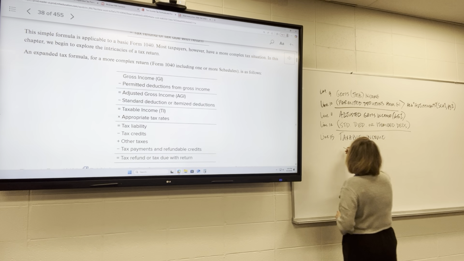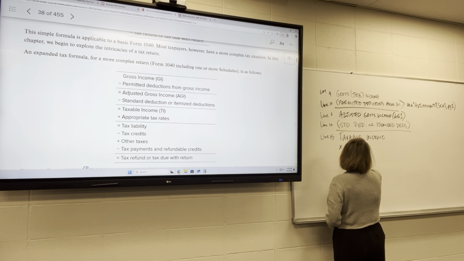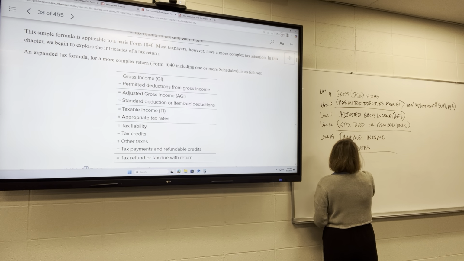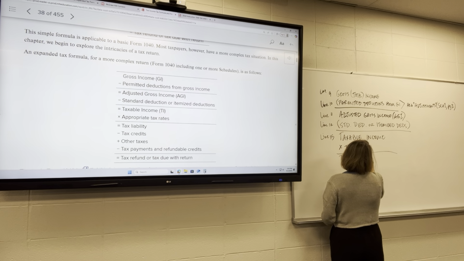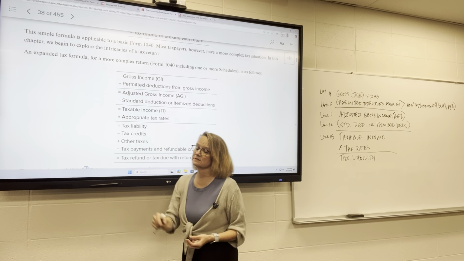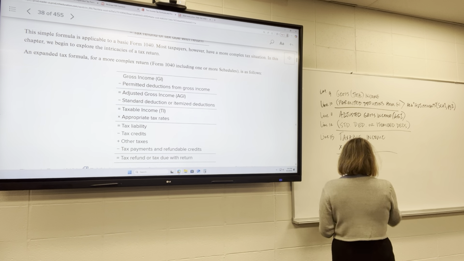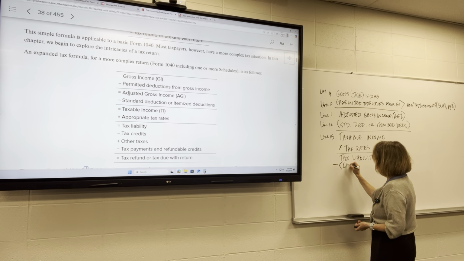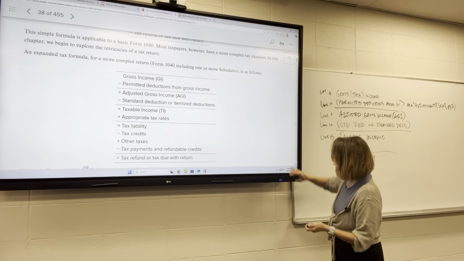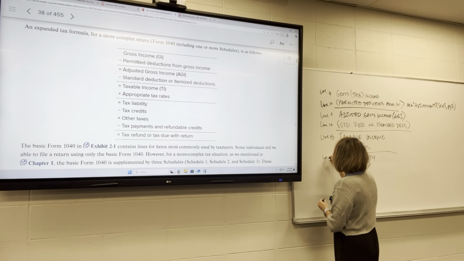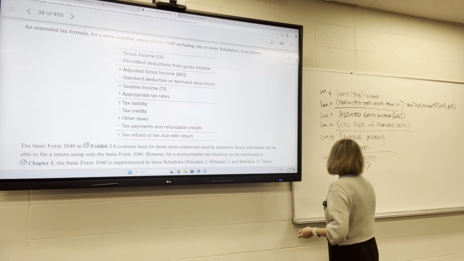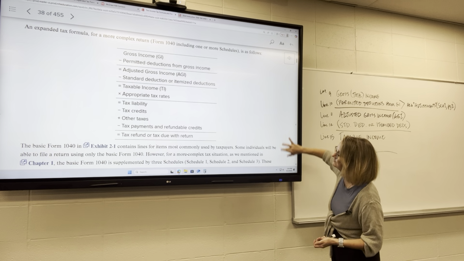Times our appropriate tax rates, equals our tax liability, minus tax credits. So again, tax liability is on line 16. Tax credits show up in a lot of different places. We need to subtract. That makes it a positive.